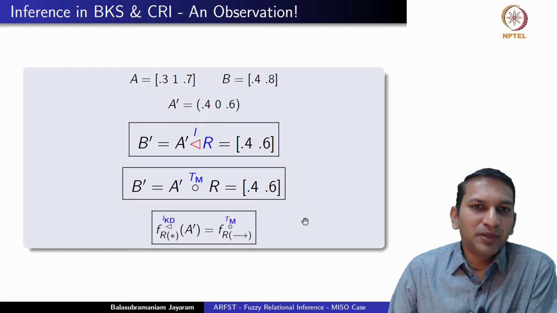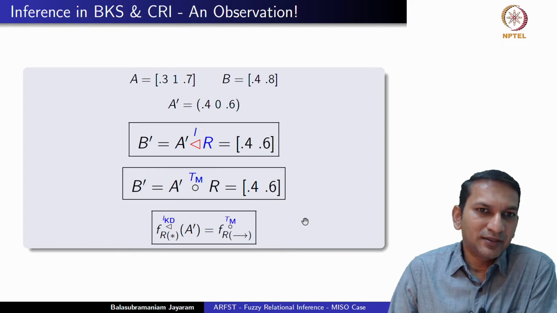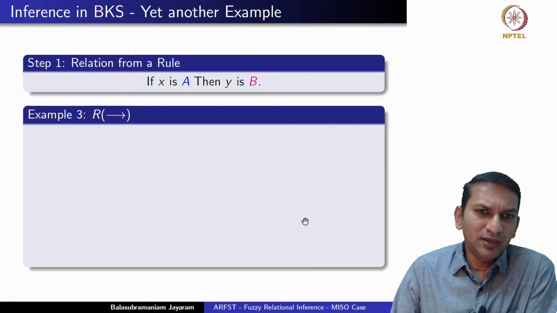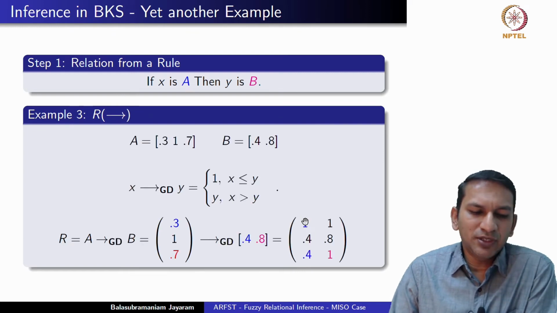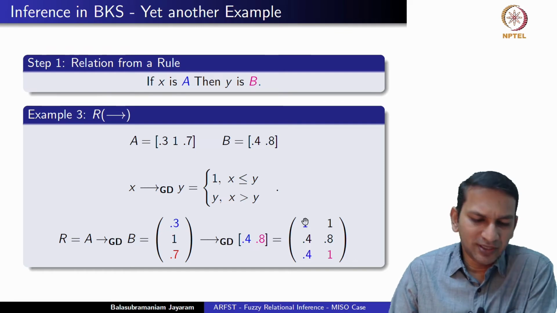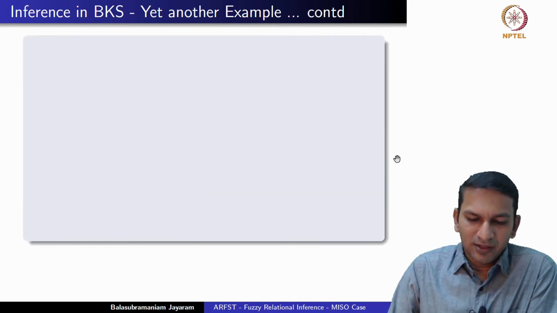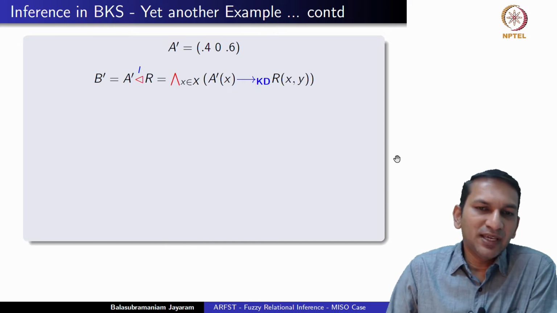Let's take the same inputs and try to change some operations. The same rule, we will use an implication to capture the relation. We have used the Gödel implication itself. So this is the relation that you would get to capture this rule when A and B are given as this. Now let's use the BKS inference.